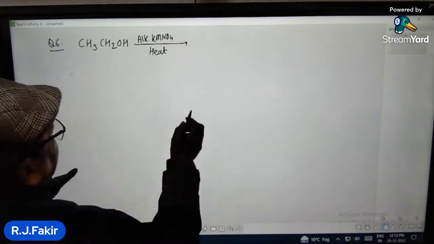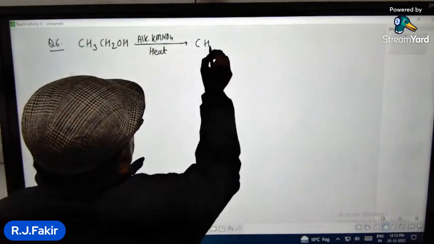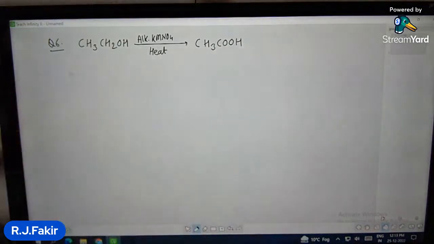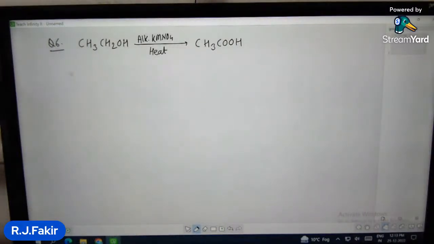It will result in the formation of acid. So this reaction is given, and the question is, what is the role of alkaline KMnO4 in this reaction?